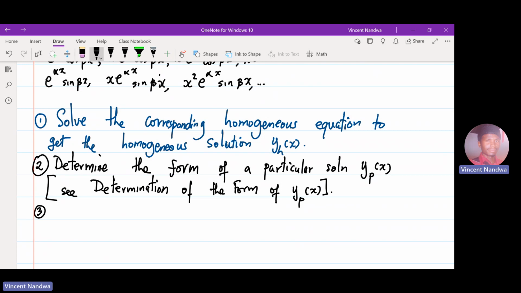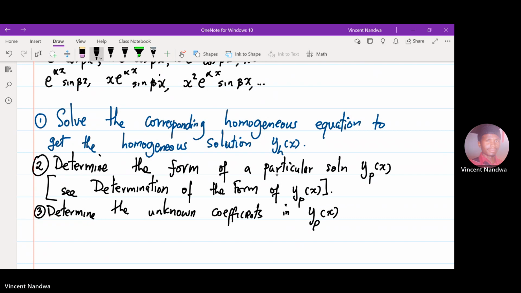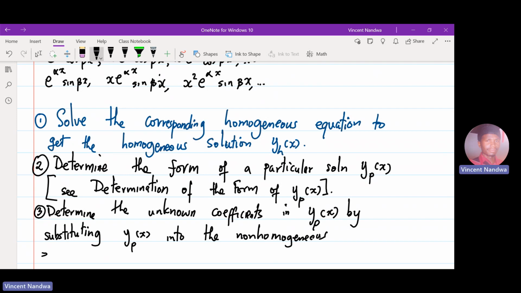So step 3, the second last step: determine the unknown coefficients in yp by substituting yp of x into the non-homogeneous equation and equating coefficients of like terms.